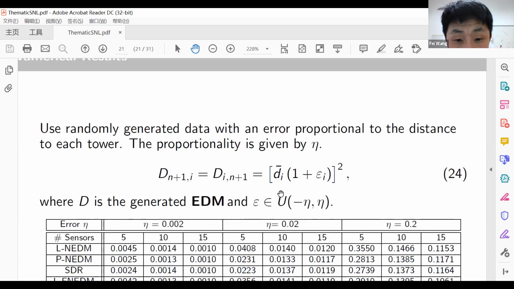The error epsilon is uniformly generated and lies between minus lambda and lambda.